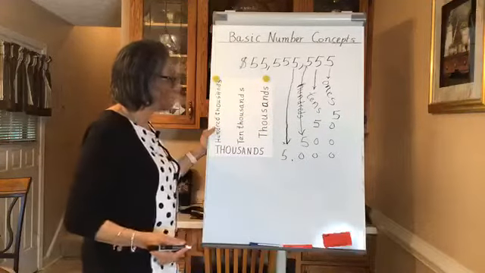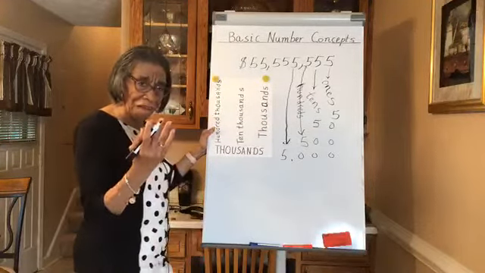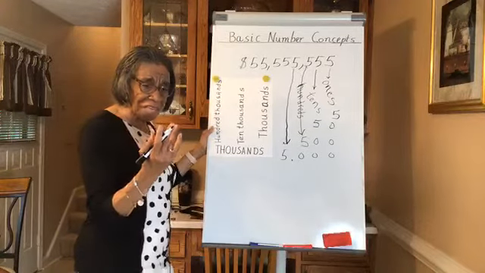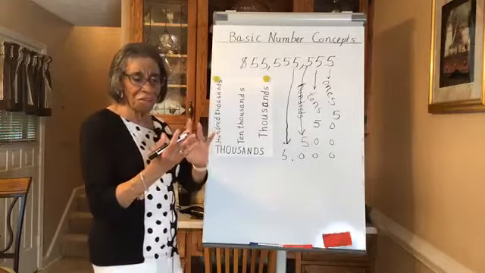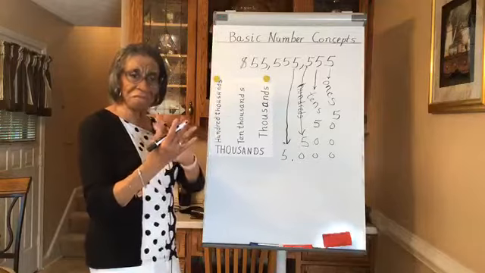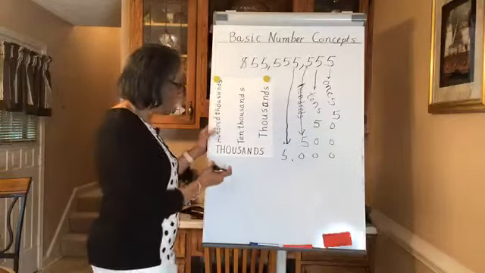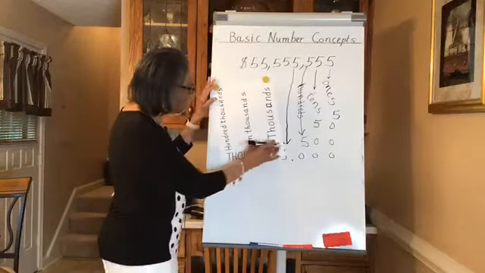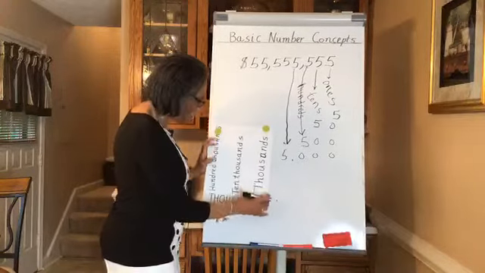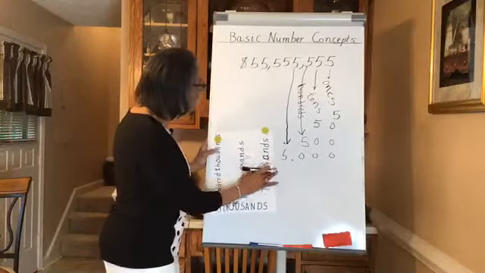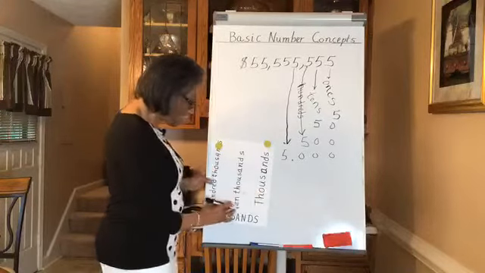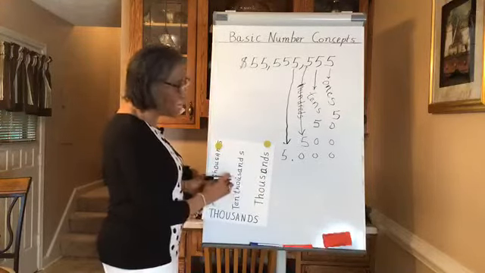All right, counting by thousands, count 5 of them. Those of you in the lower grades: 1,000, 2,000, 3,000, 4,000, 5,000. So that's 5,000.